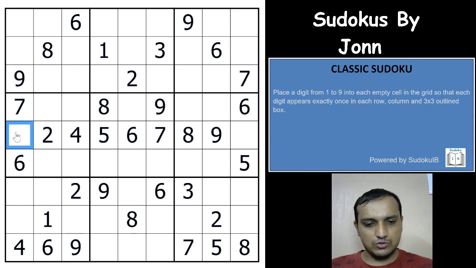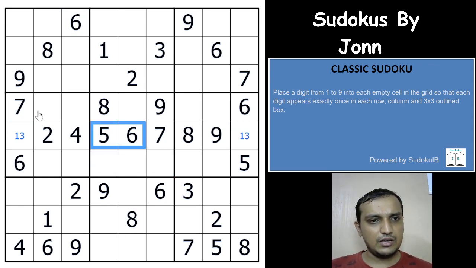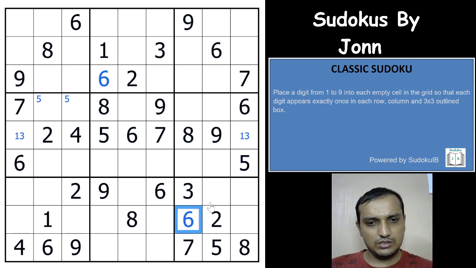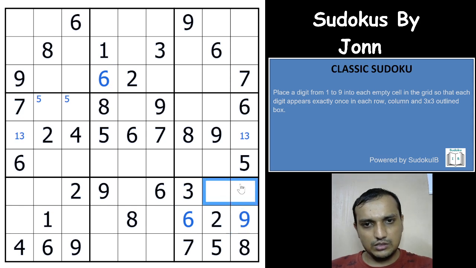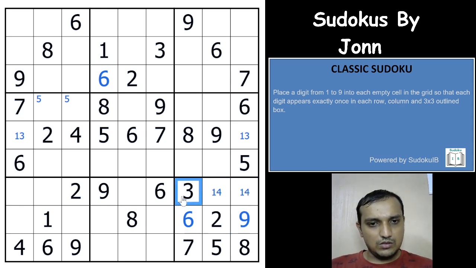These are nothing but a 1 and 3 pair. And 6 and 5, so this comes to 5 here, and this is a 6 here. All the 6s are done, I think. 1 4 and 9 here, so this is 9, that is 1 and 4. 1 4 and 7, 5 and 8.